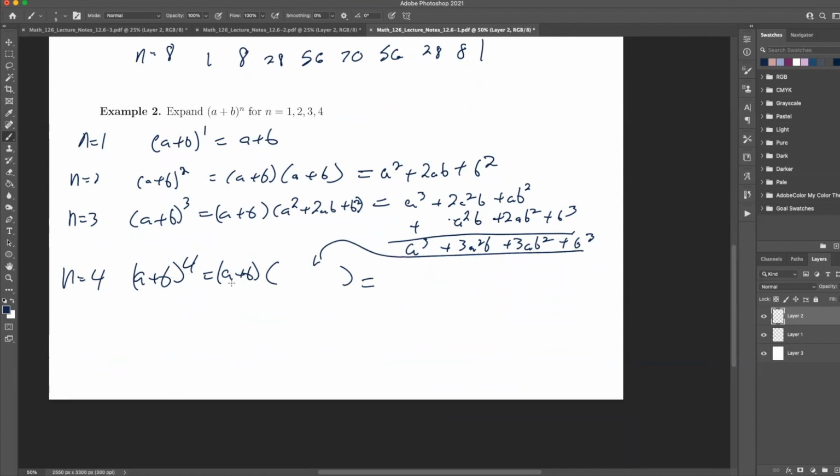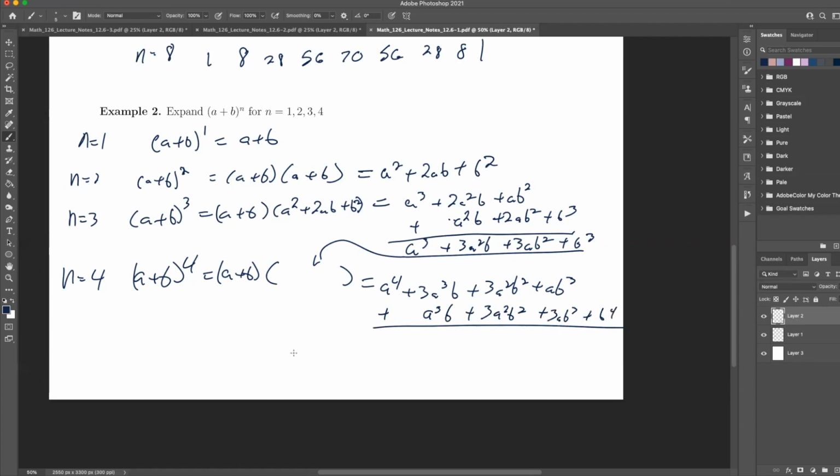So a times this will be a to the fourth plus 3a cubed b plus 3a squared b squared plus ab cubed. And then if I have b times this, same as before, I'm going to move it all over by 1. And so I'll have a cubed b plus 3a squared b squared plus 3ab cubed plus b to the fourth.